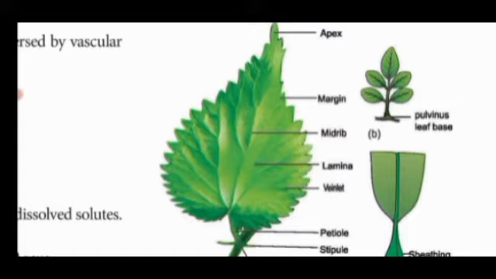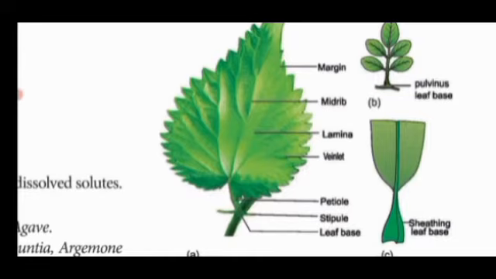The next characteristic features of a leaf. The leaf is a lateral appendage of the stem. It is produced laterally and is borne at the nodes of the stem. It is exogenous in origin. It has limited growth and does not possess an apical bud.